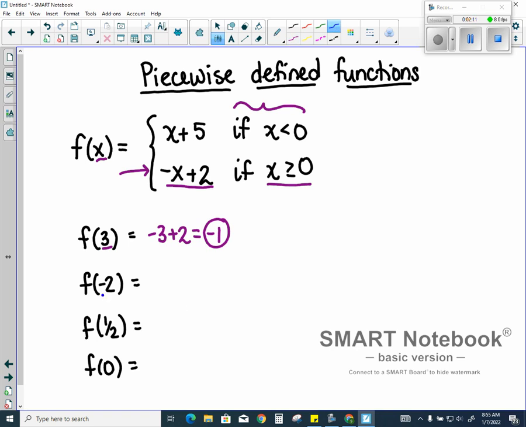If I want to find f of -2, I come up here to my options and say, well, -2 is less than 0. And so if -2 is less than 0, I need to plug it into this expression right here instead. -2 plus 5. I do the arithmetic and say f of -2 is equal to +3.